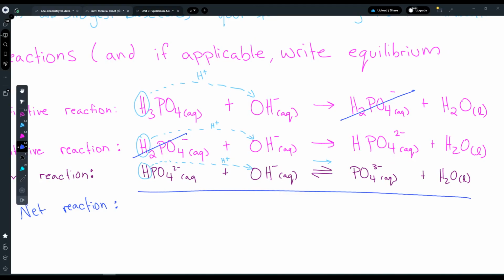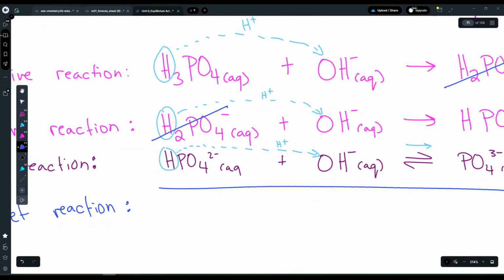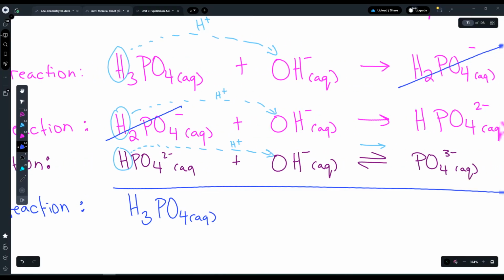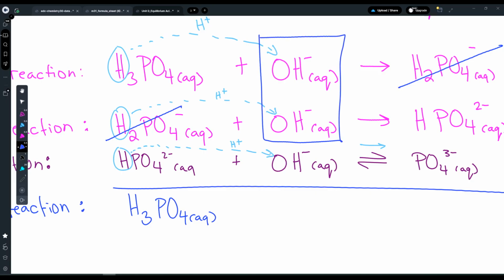So next I can move on to writing the reactants for my net reaction. I am starting with phosphoric acid. Between the two quantitative reactions here, in total, I'm using 2 moles of hydroxide ions. Because they are on the same side of the quantitative reaction arrow, they're both reactants, so I'm going to add them up: 2 hydroxide ions, aqueous.